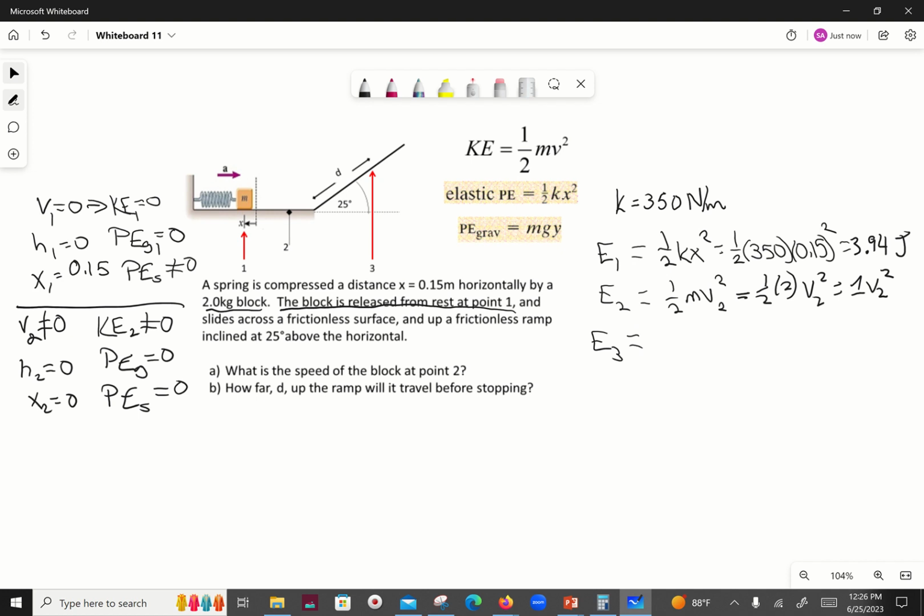Okay, and let's find what's the energy at point 3. Well, what do we know about point 3? It says how far d up the ramp will it travel before stopping. So it stopped at point 3. So v3 is equal to 0. So it's not got any kinetic energy. So kinetic energy is equal to 0.